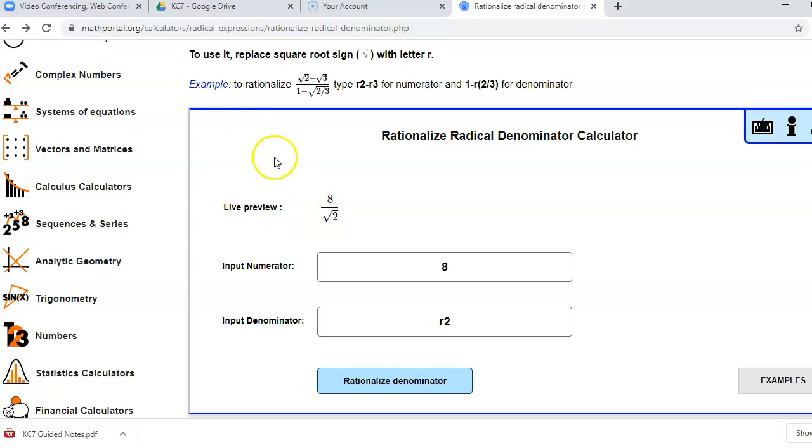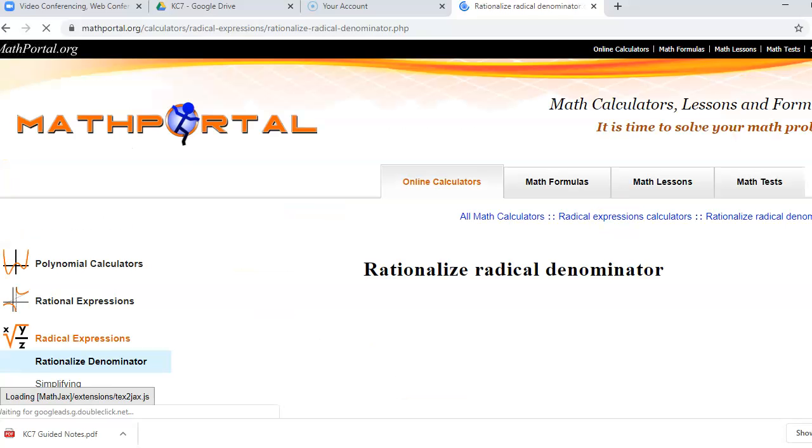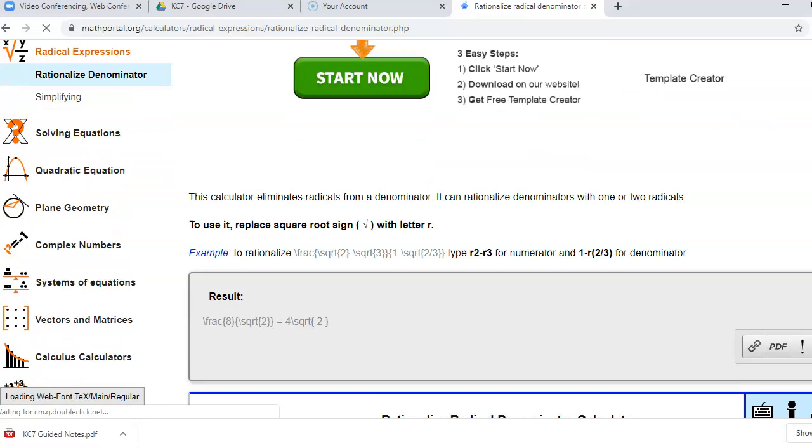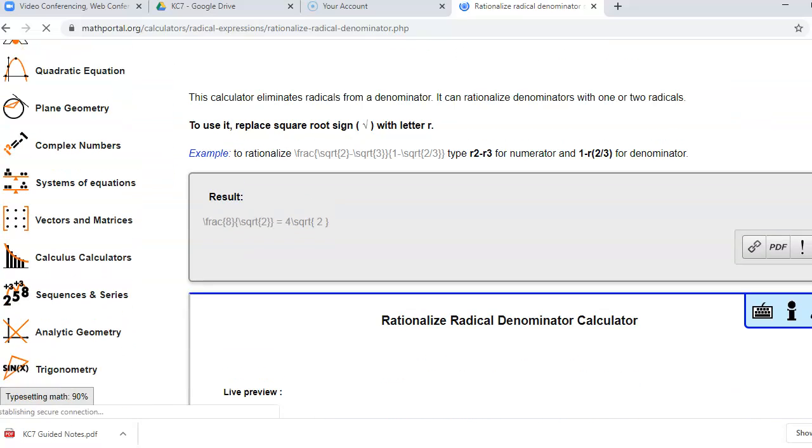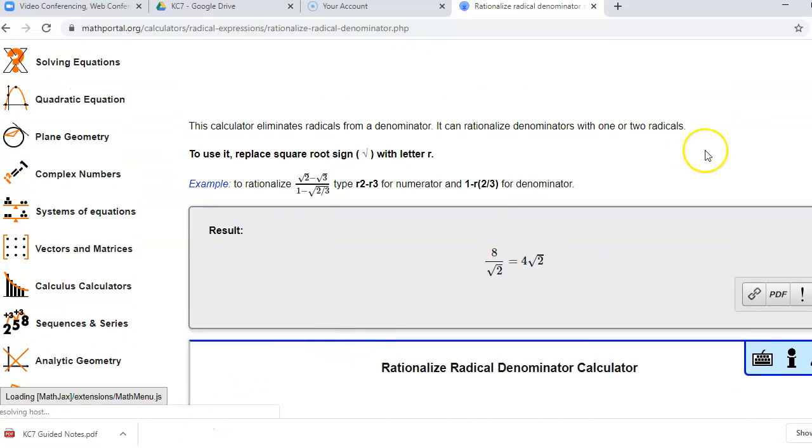Check here to make sure it looks like what yours looks like, 8 root 2. And then click rationalize denominator. There it goes. And then it gives you 8 over root 2 is actually 4 root 2.